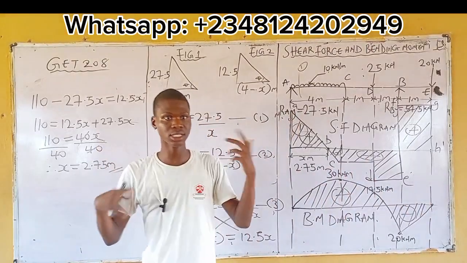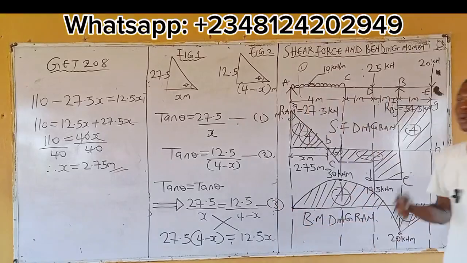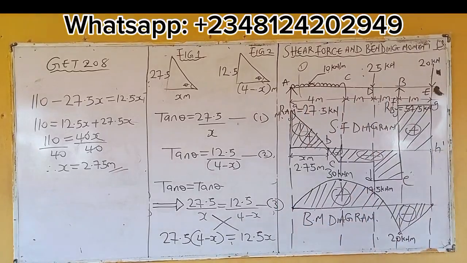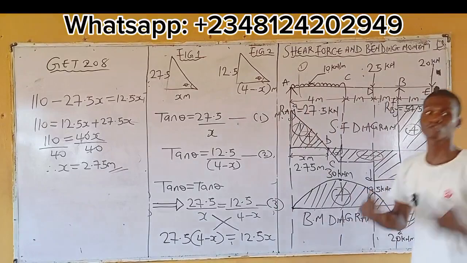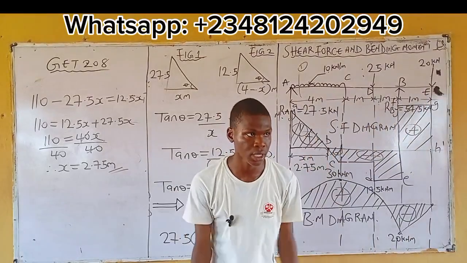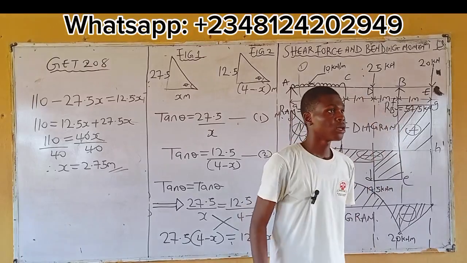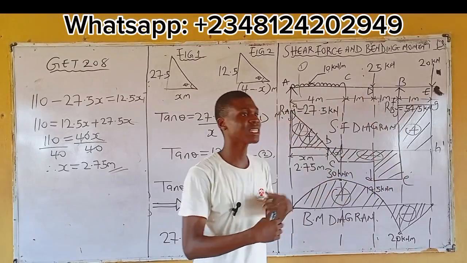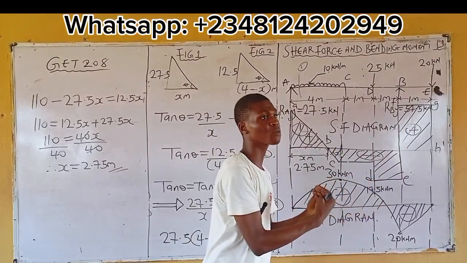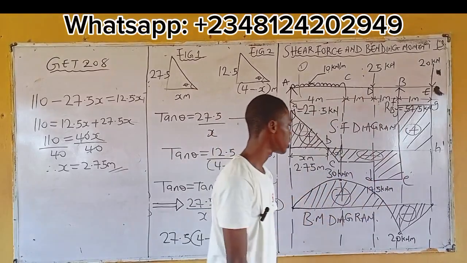Looking at it in a normal way, I would have believed that the value at 5.5 should be greater than 2.75, but it does not work that way. Does it mean that as the length increases, the bending moment value decreases? No, I don't think so.